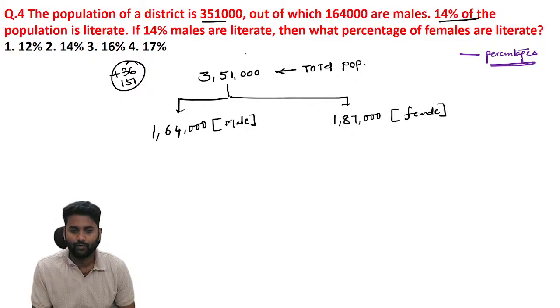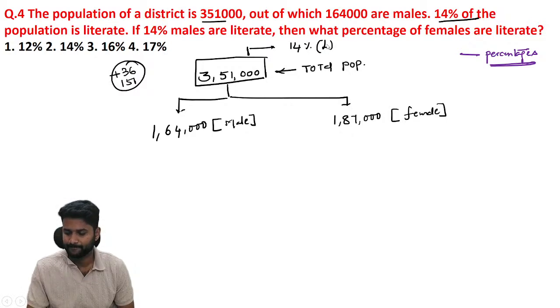Next one. 14% of the population is literate. See, this is the total population. In the same way, 14% of males are literate. Now, what percentage of females are literate?